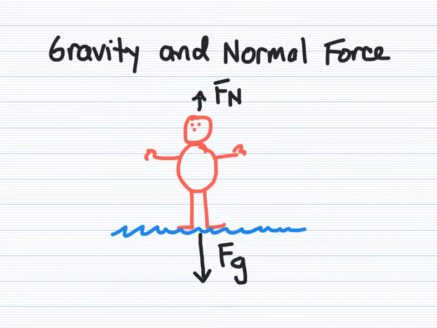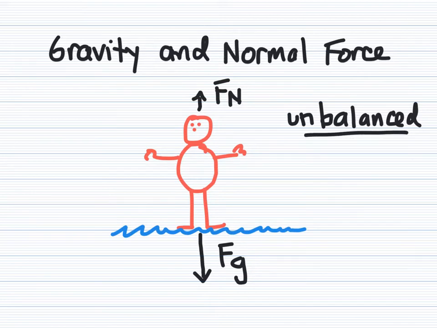So notice that the normal force provided by the water pushing the man up is way smaller than the force of gravity. And so in this case, we have forces that are unbalanced. And unbalanced forces will cause the object to change motion.